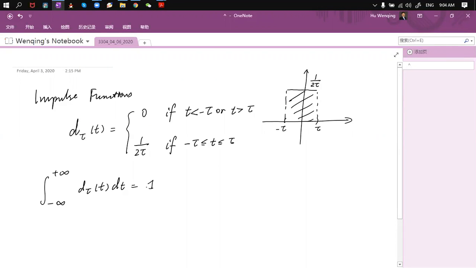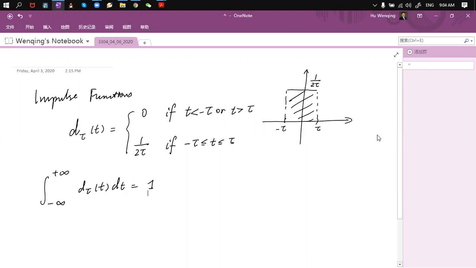So this is used to model the behavior of an impulse function. This is the start of our consideration of impulse functions.